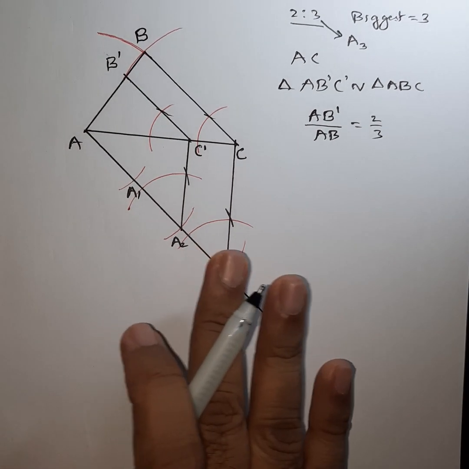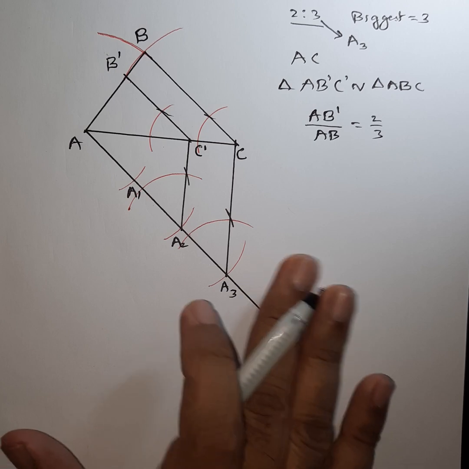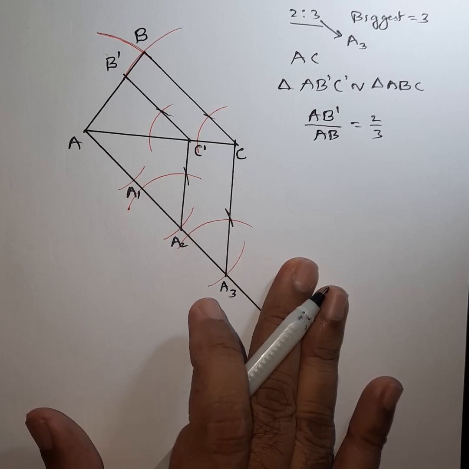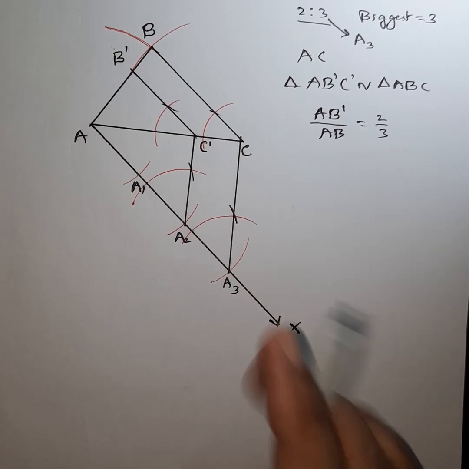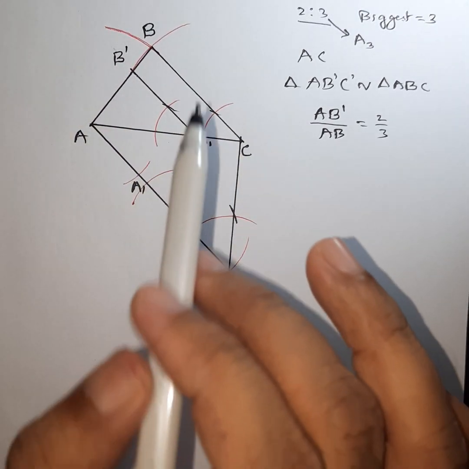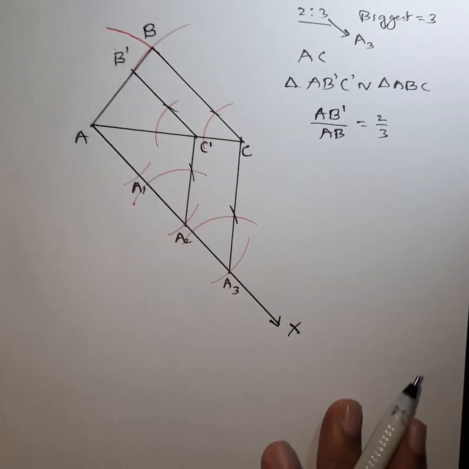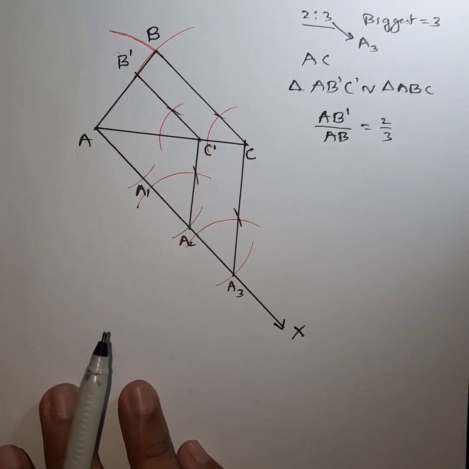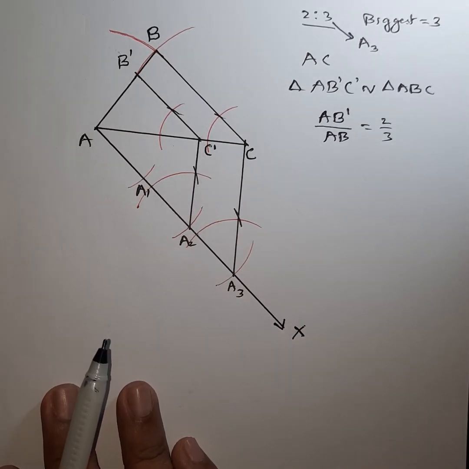Okay, so this is the first type of construction. You can see that here we have to draw AB dash C dash inside the given triangle ABC, because we have to draw 2:3. And now you can write the steps of construction.